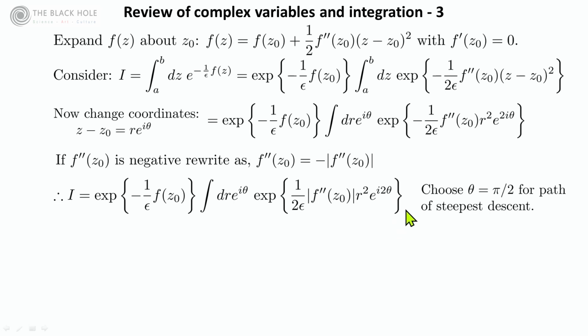If I do that, then the important thing is, if I take theta equal to pi by 2, this becomes over here minus, which means I'm going to get a minus over here, which means I'm going to get a convergent integral.